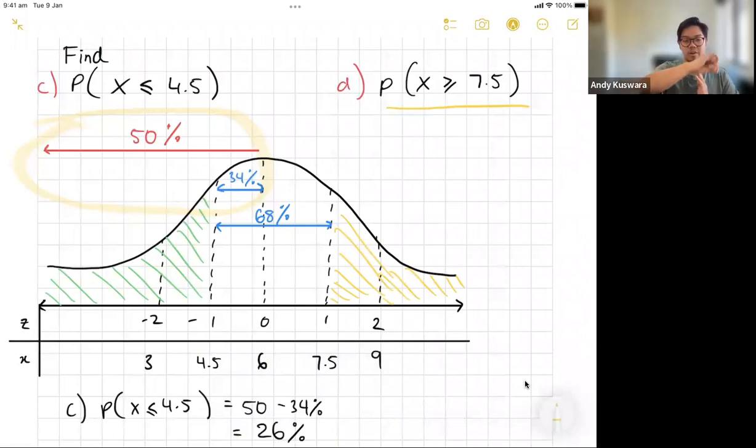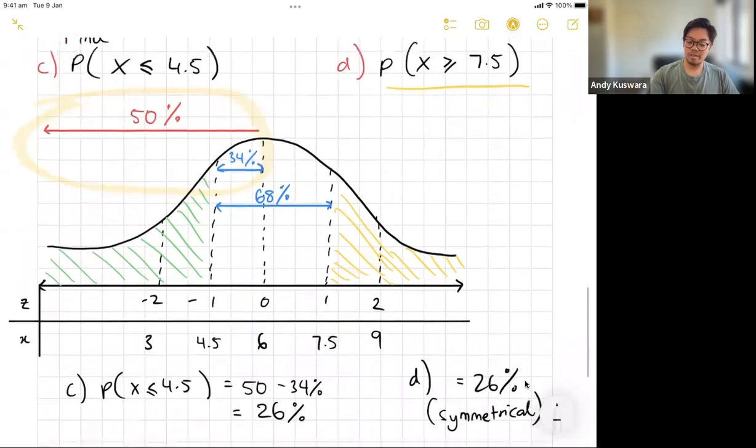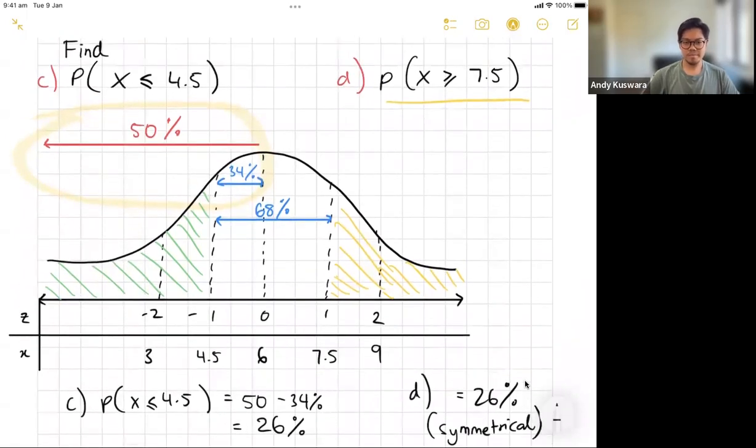That's what a bell curve is. So for D, it should also just equal 26%. I don't need to show my working out again, and you can say that this is because it's symmetrical. No need to do your working out all over again because you already did it for part C.